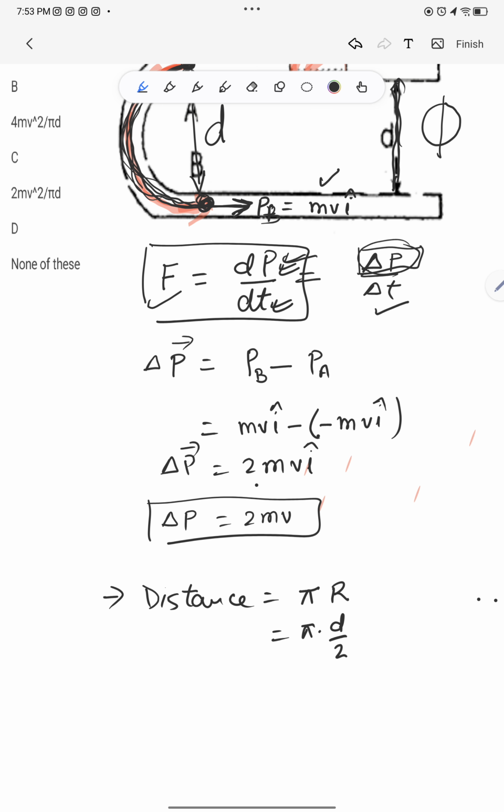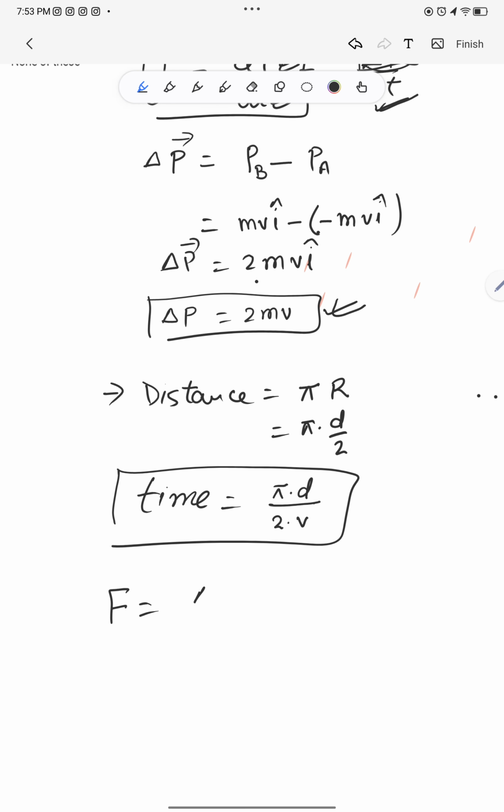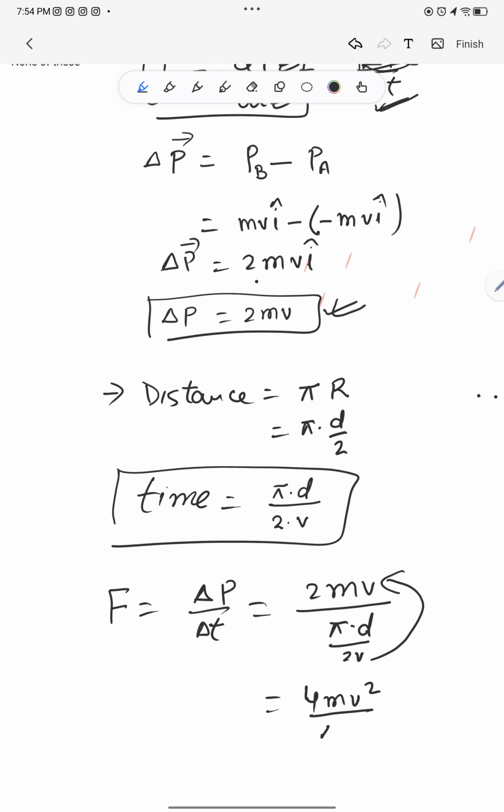Now we calculate the time. Time is equal to distance upon velocity. The distance is pi d upon 2, and dividing by velocity, the time is pi d by 2v. This is our time, and this is our change of momentum. So force is equal to change of momentum upon change of time, that is 2mv upon pi d by 2v, and the 2v goes up, giving 4mv square upon pi d.